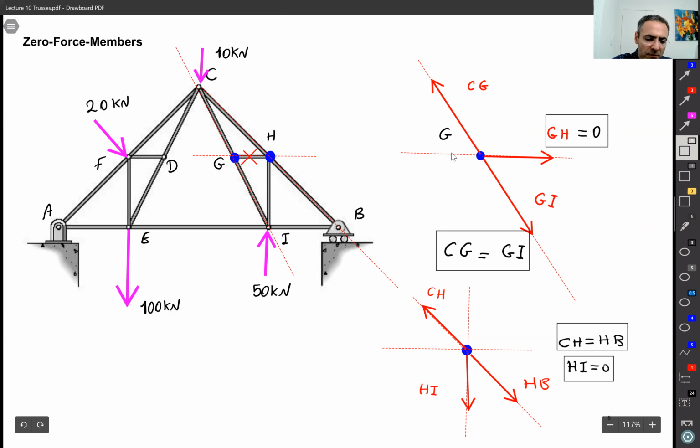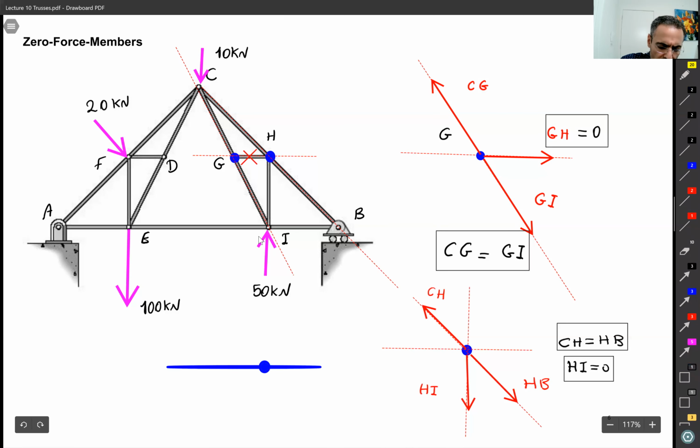We just looked at G here. We looked at H here. That's it. But if we continue with joint I, do we get the same things? Let's try it. So this is a horizontal line. I'm just drawing basically the joint I, right?